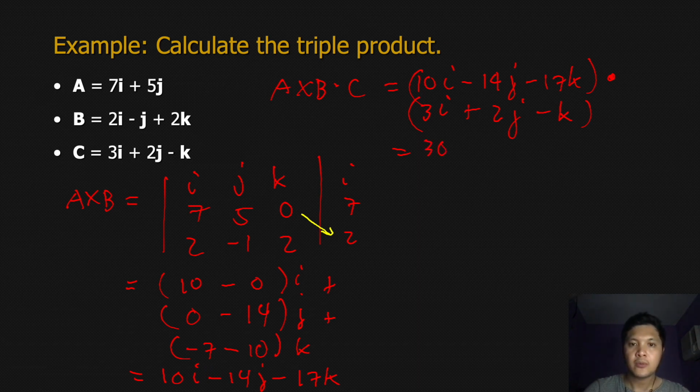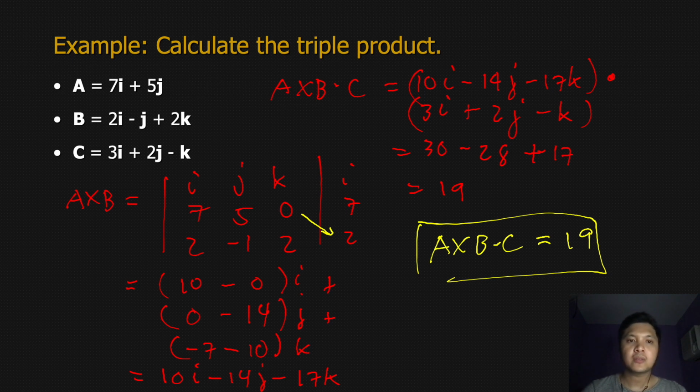And then negative 14 and 2 is negative 28. And negative 17 and negative 1 is positive 17, since they are both negative. Therefore, 30 minus 28 plus 17 is equal to 19. So therefore, this is the final answer. A cross B dot C is equal to 19.